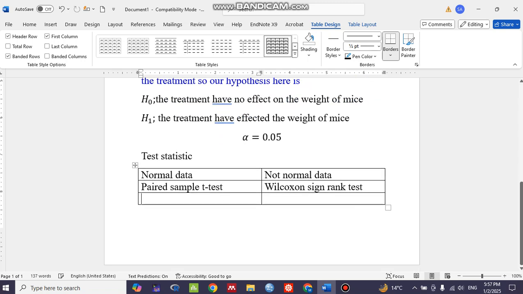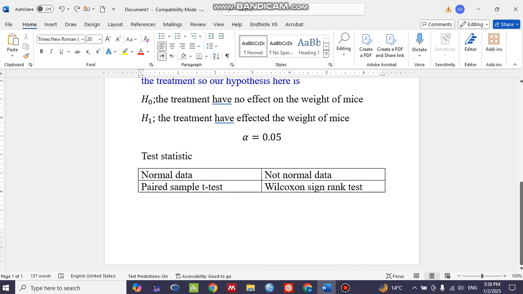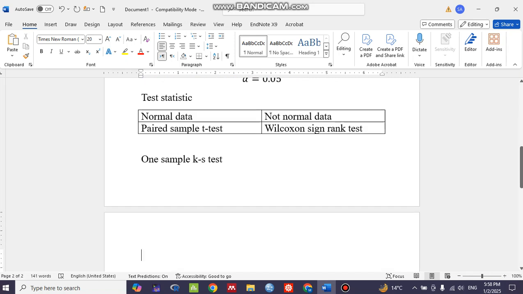So first of all, we are going to perform the normality test, and the normality test is, you know, the one sample KS test, which is performed to test the normality.